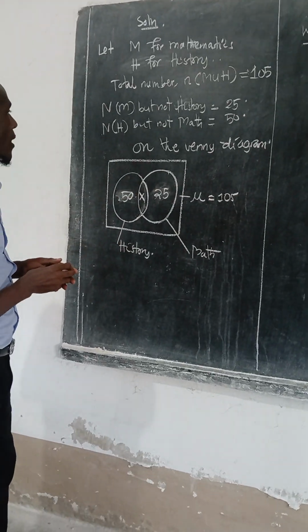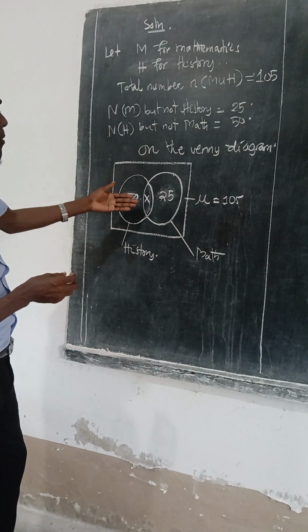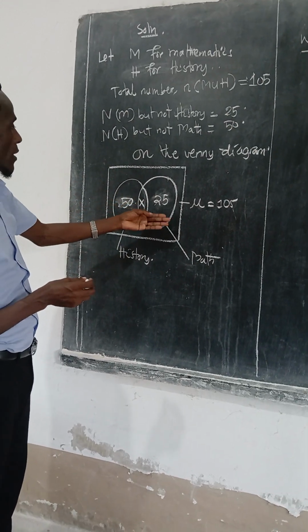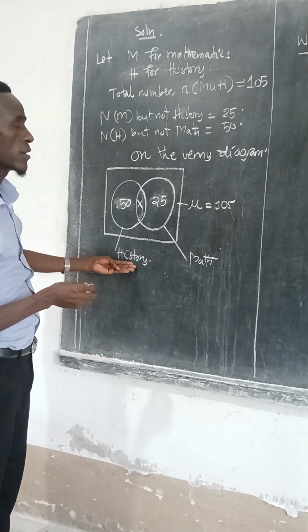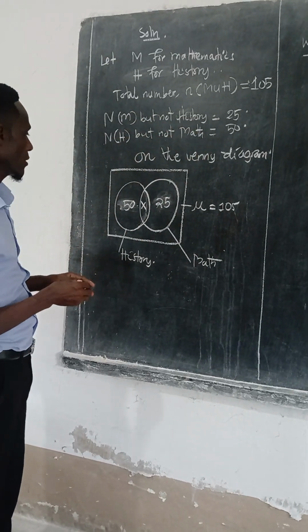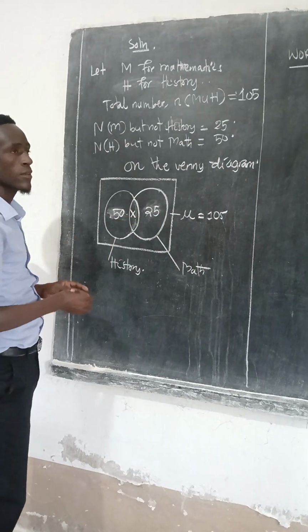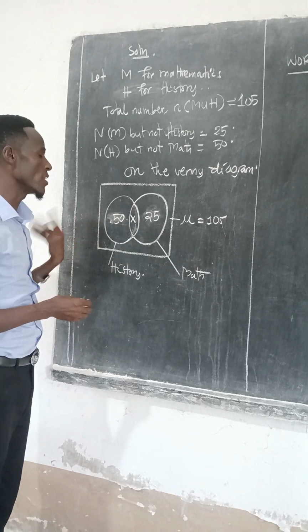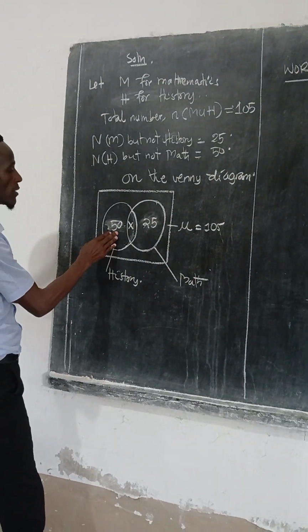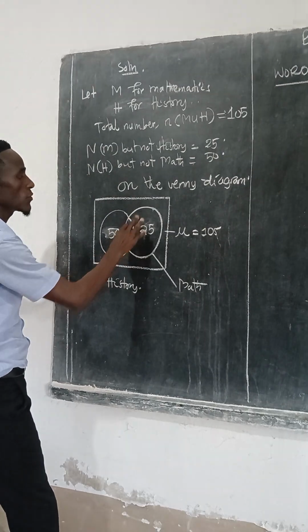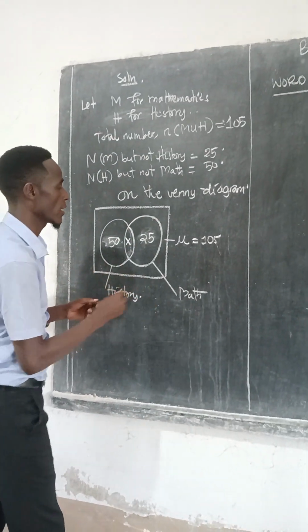But the number in the intersection, the students who study both basic mathematics and history, was not given in the question. You just put here the letter x. So when you sum up this one plus this one plus this one, it is equal to the total number of students in the class.